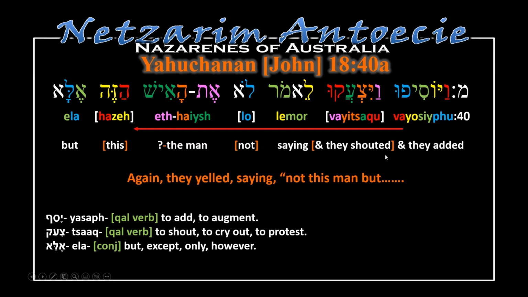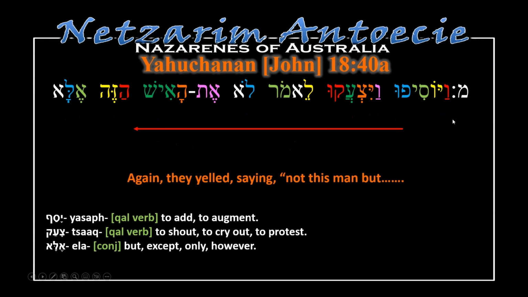Vayitz'aku, and they shouted. So let's have a look at the root there. It is za'ak, a verb to shout, to cry out, to protest. And they shouted, lemor, saying, lo not, et grammar marker, ha-ish, the man, ha-ze, this, ella. Ella means but. And down here we've got ella as a conjunction, can mean but, except, only, however.